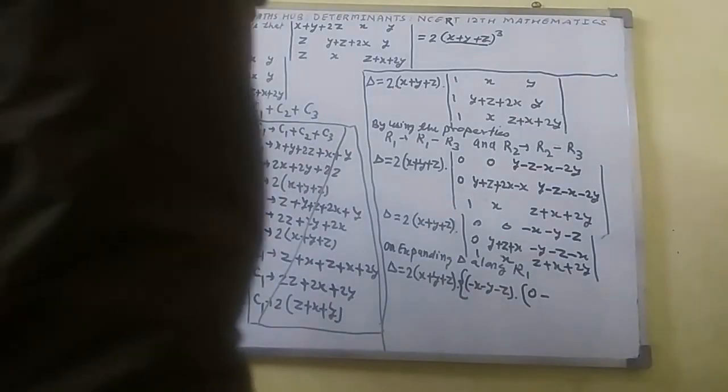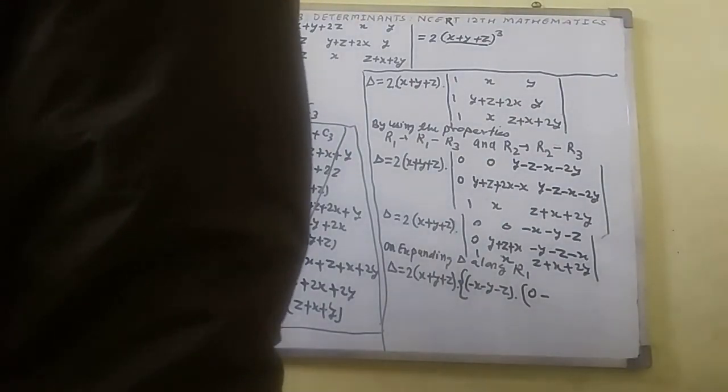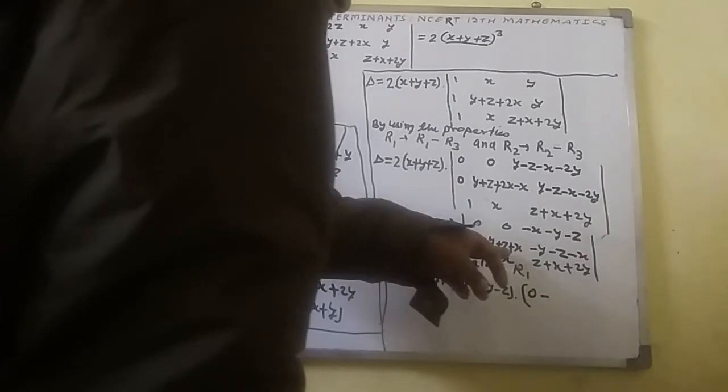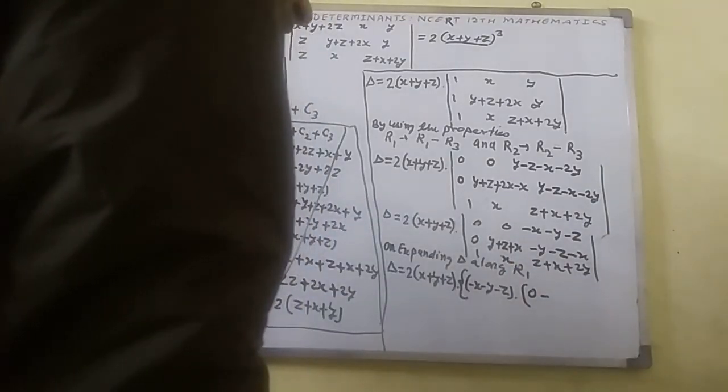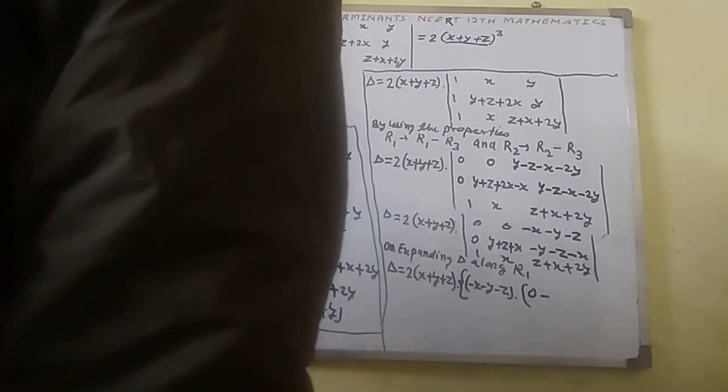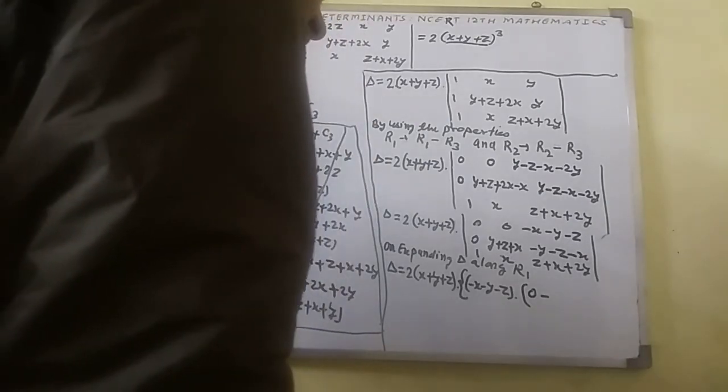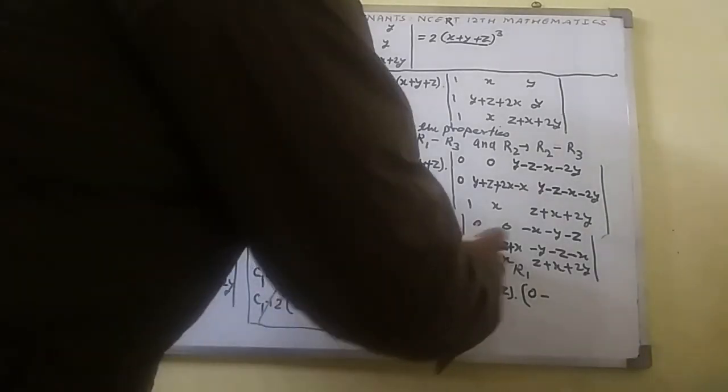So here write 0 minus the elements of reverse diagonal, 1 and y plus z plus x, will multiply together. So here you will get minus is fixed here and 1 will multiply to this term, will get this term only. So here we can write easily y plus z plus x, and this curly bracket will be closed.